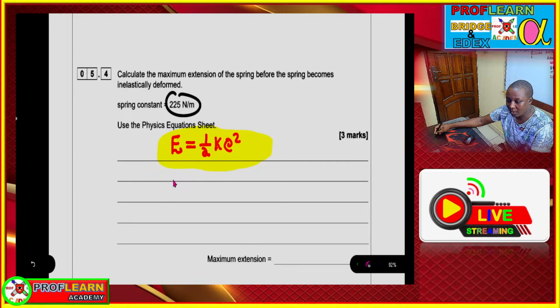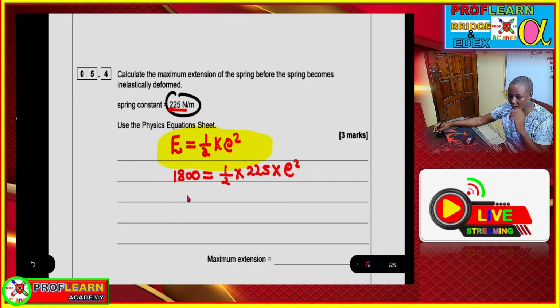So 1,800 is equal to a half times the spring constant, given here as 225, times e squared.